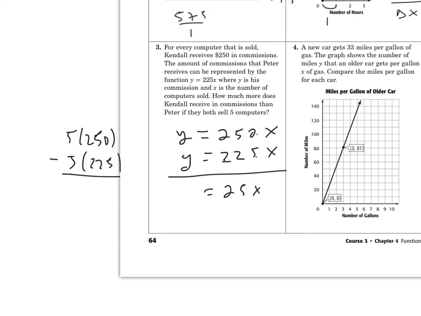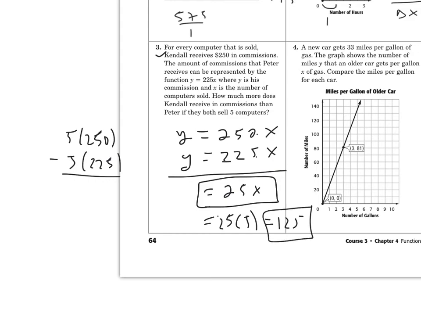So quite simply, Kendall's making $25 per computer more than Peter. If they want to know how much more she makes, it's easier to create the equation for the difference in how much they make, and do the calculation: 25 times 5 is $125 more for Kendall. And that would be the answer to number 3.